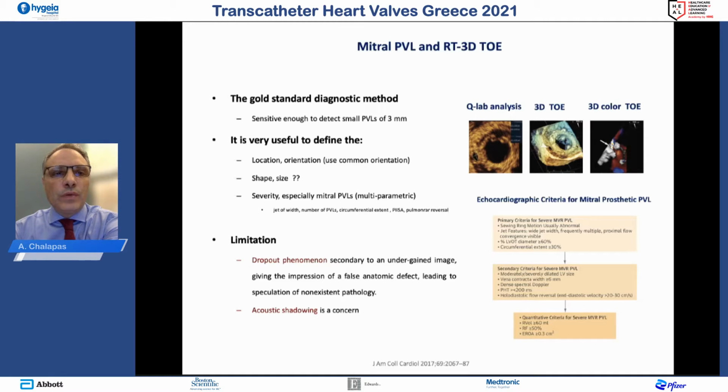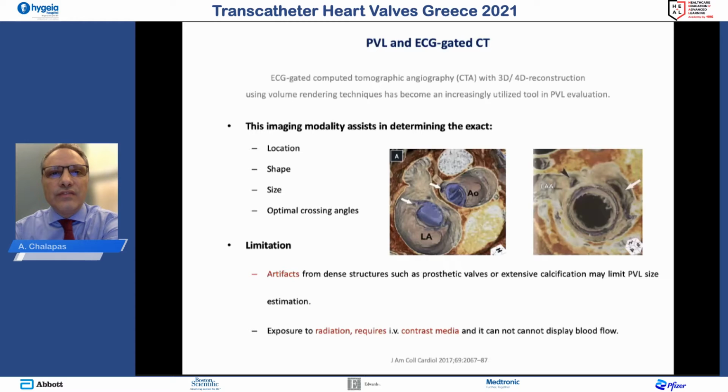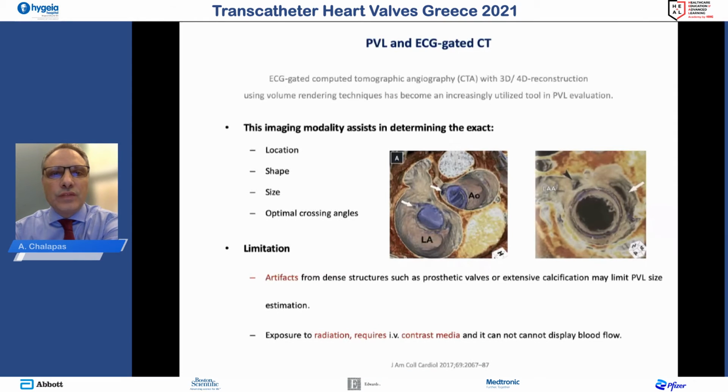However, we always have in mind the dropout phenomenon, which gives us the impression of false anatomical defects. And when we want to further define the anatomy of these defects, we have to proceed with ECG-gated computed tomography with 3D and 4D reconstruction, in which we can have information regarding the anatomy and, of course, the optimal crossing angles.